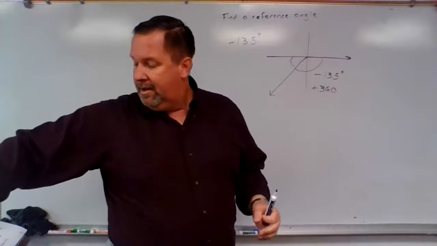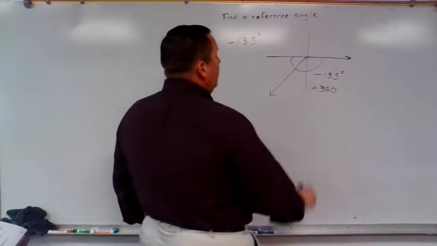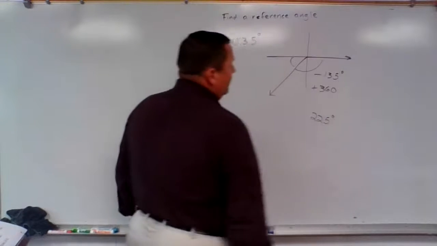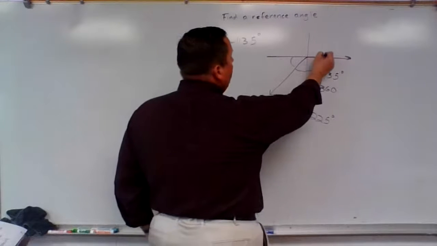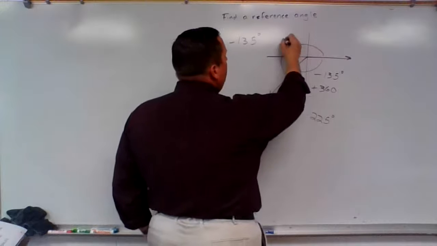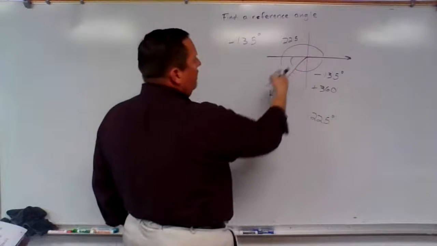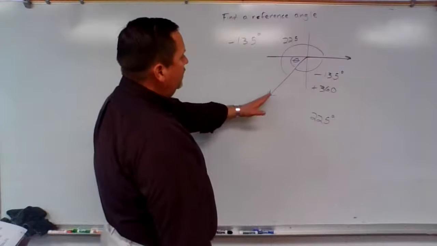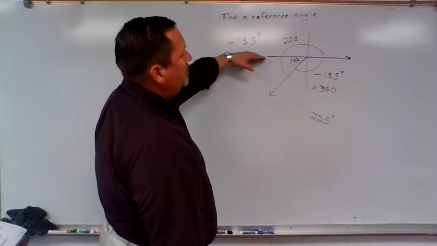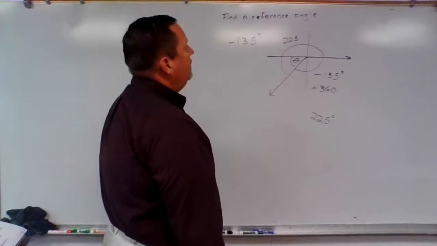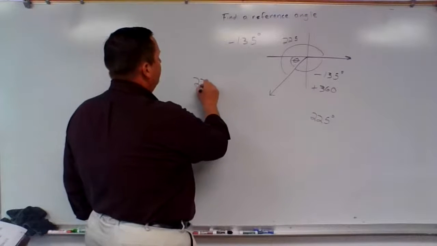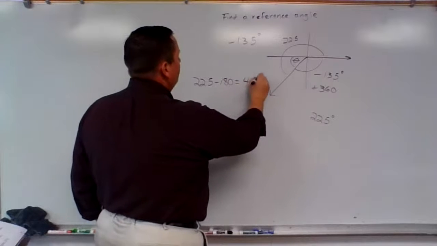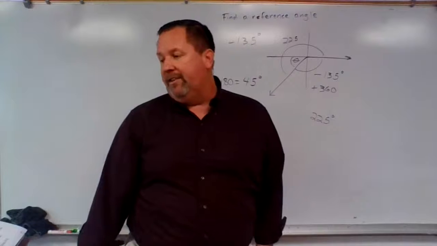Okay, forgive me for having to do that quick on the calculator, but its coterminal angle is 225 degrees. So if I had gone this way, it would be 225 degrees. Doesn't change my reference angle. My reference angle is the one right here. What's that going to be? 225 minus 180. 45 degrees is going to be my reference angle.